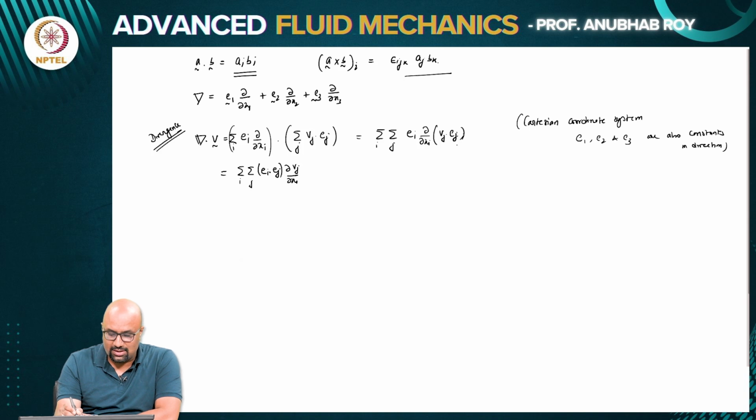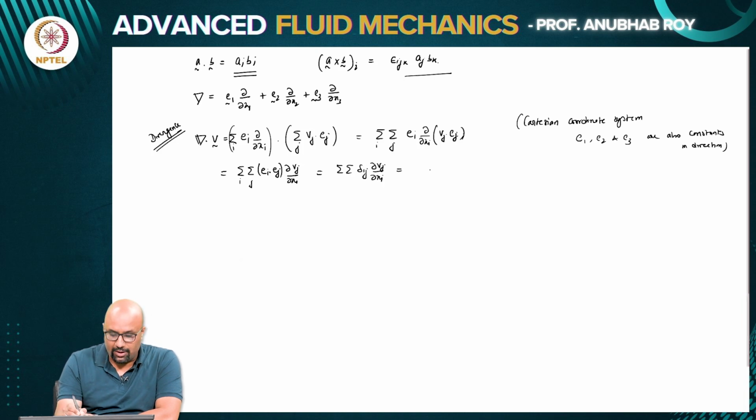So in which case Ej, the unit vector, is a constant truly in magnitude as well as direction. So I am going to take it outside the derivative, and now I have Ei dotted with Ej, and we know that is a delta ij.